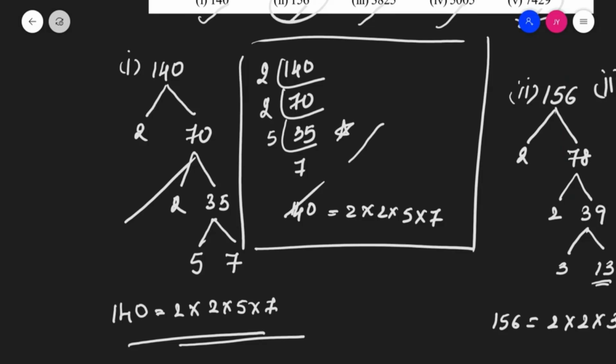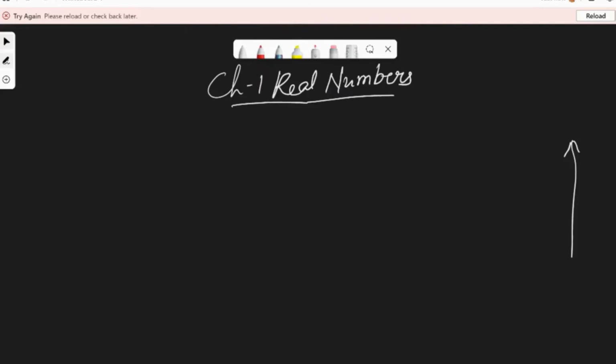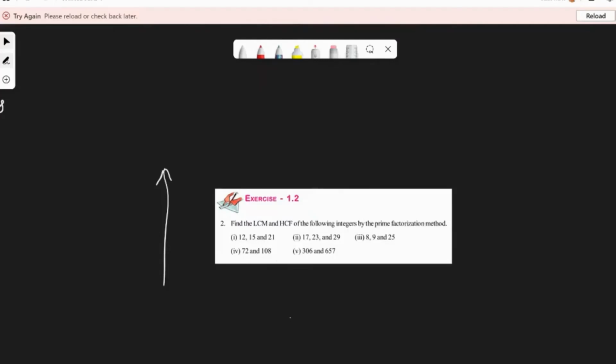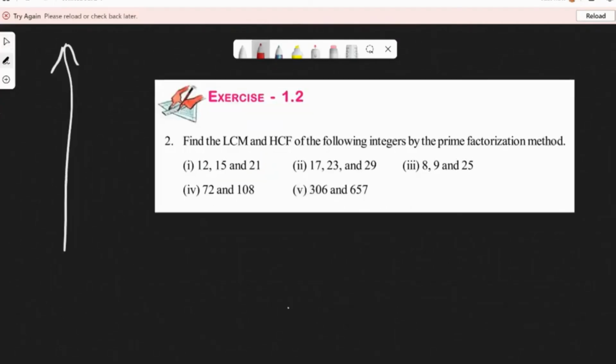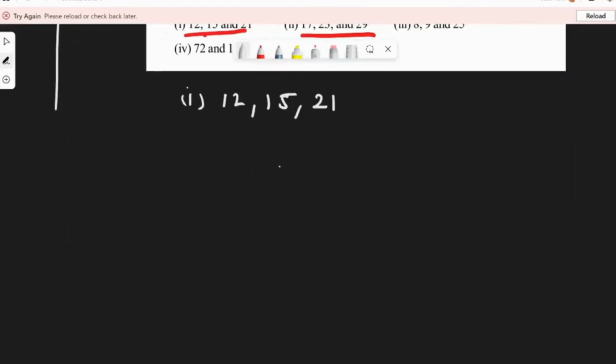Next one, we have how to find HCF and LCM of different numbers by prime factorizing them. So let us see. We have numbers as 12, 15, 21, and others. So we'll prime factorize them and find the LCM and HCF one by one. So first one is 12, 15, and 21.